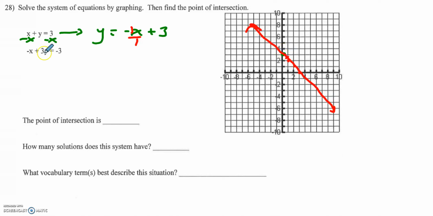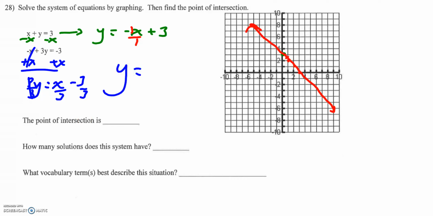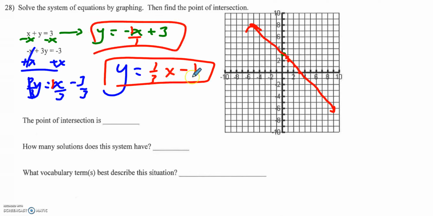My second line, if I again solve for y, we have 3y equals x minus 3. If I divide everything by 3, I would get y equals, remember that there is a 1 next to that x, so the slope here is 1/3 x, 3 divided by 3 is 1, so this is my second equation.